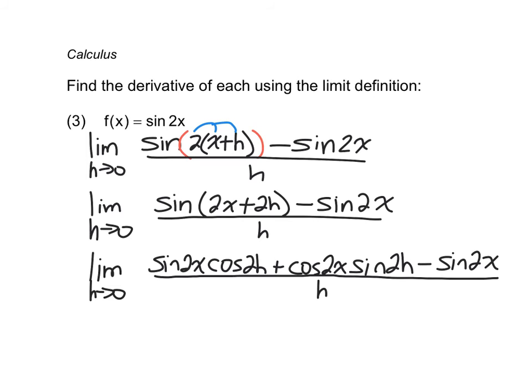So we want to group together any parts that would be factorable by a GCF. The cosine 2x sine 2h isn't really common to anything else. It's got the same ingredients, but if I group the middle term with either of the 2 outer terms, I'm not going to be able to pull out a GCF. But I will be able to pull out a GCF if I group these 2 together.